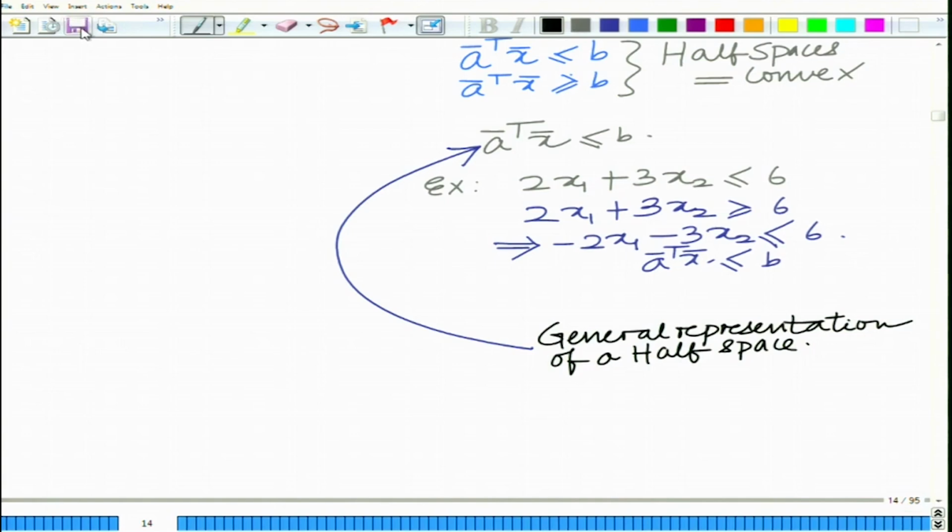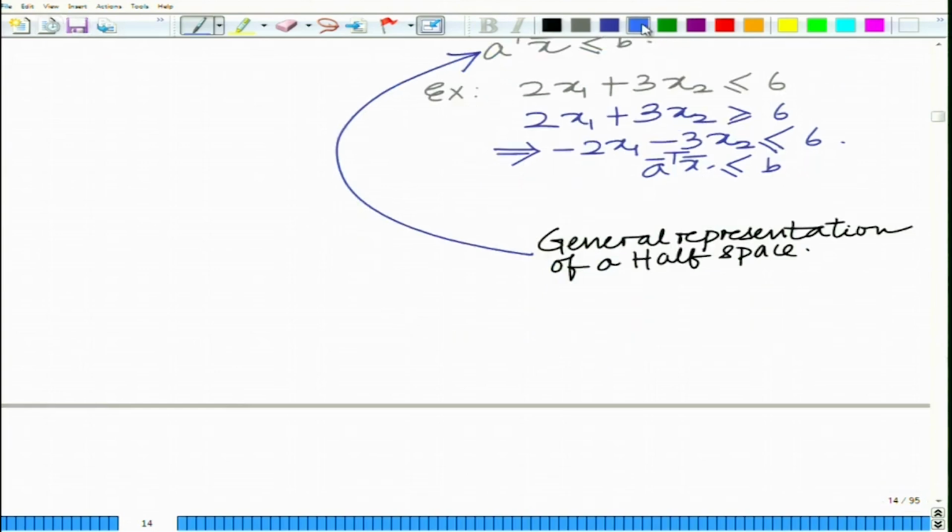Okay. Thus these hyperplanes and half spaces are convex.